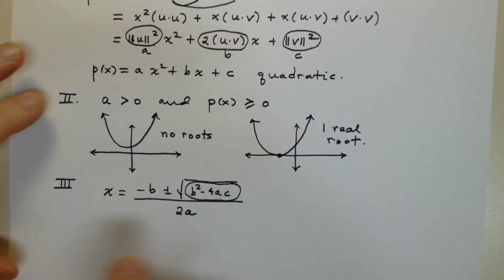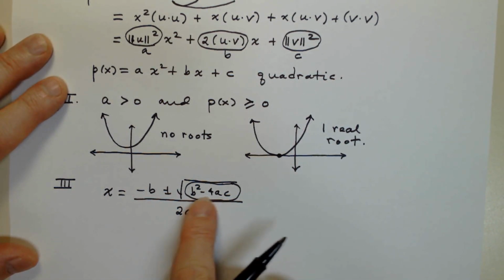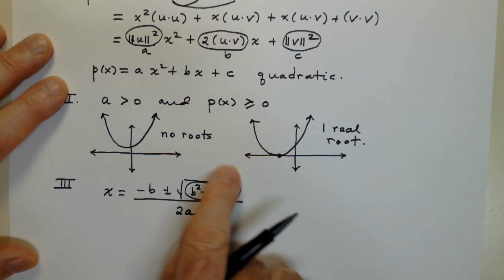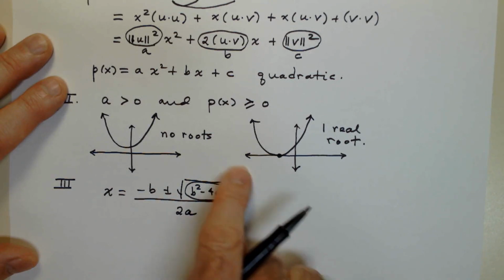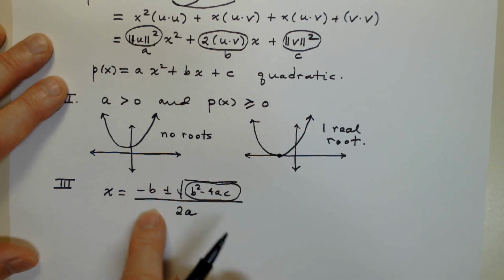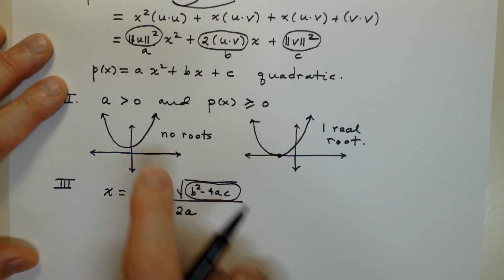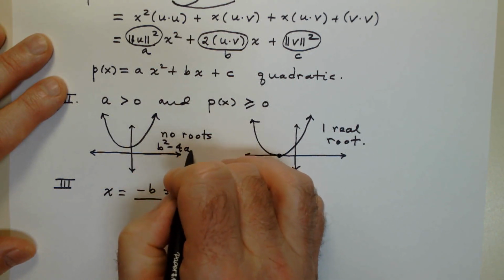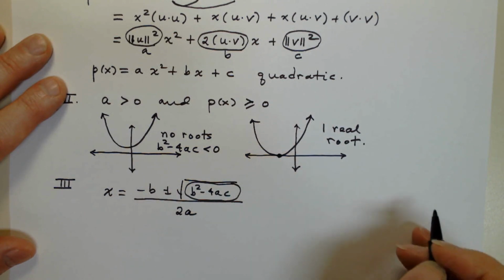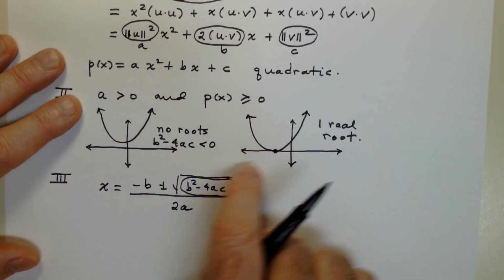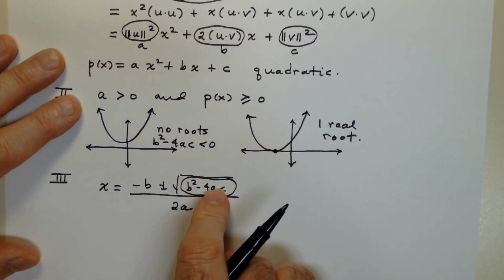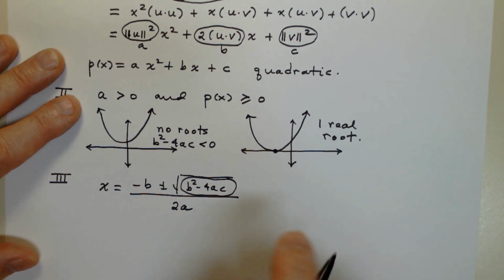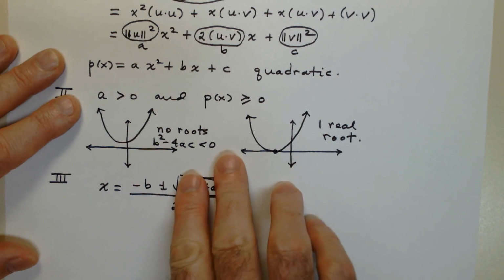All right? So if b squared minus 4ac is negative, then this expression here would correspond to two complex roots and no real roots. So this case here corresponds to b squared minus 4ac being negative. If b squared minus 4ac is equal to 0, so in other words, if this somehow magically combines to give us 0, then this plus or minus term drops out, right?